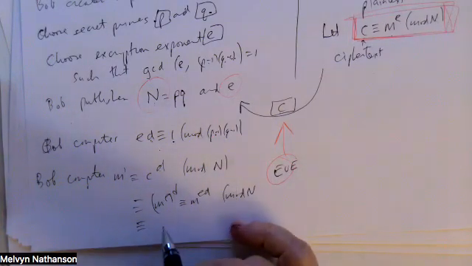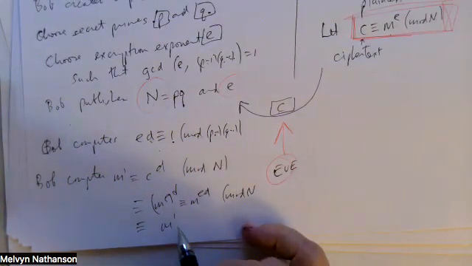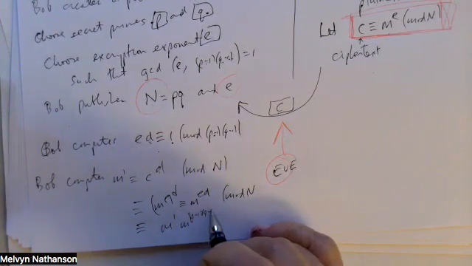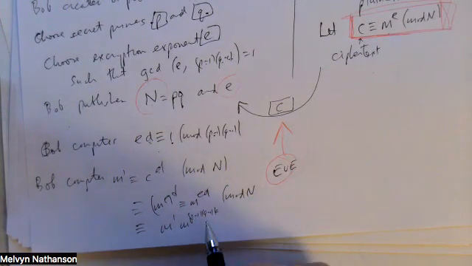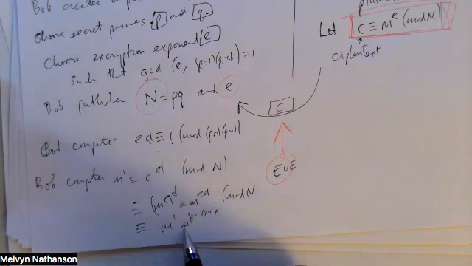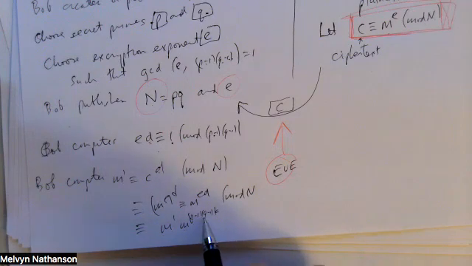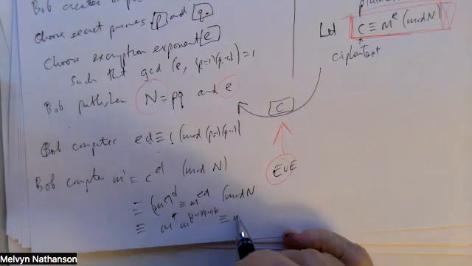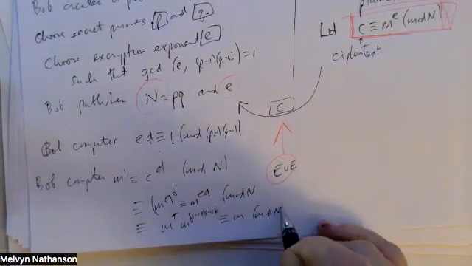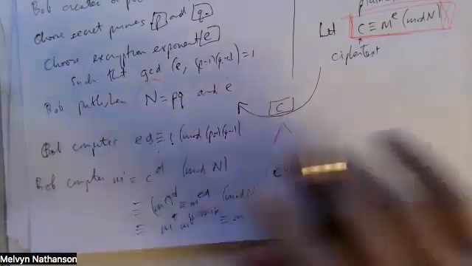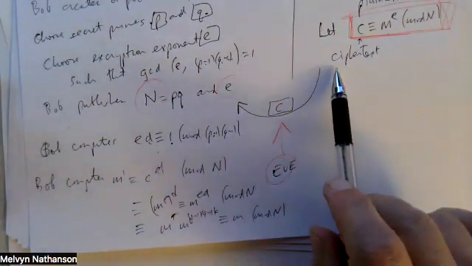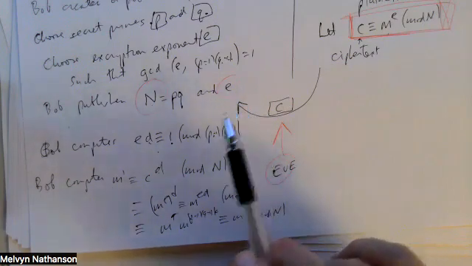So this is M to the 1, or M, times M to the multiple of (P minus 1)(Q minus 1), and M to the (P minus 1)(Q minus 1) is 1. So this is just M mod N. So Bob has deciphered the message.